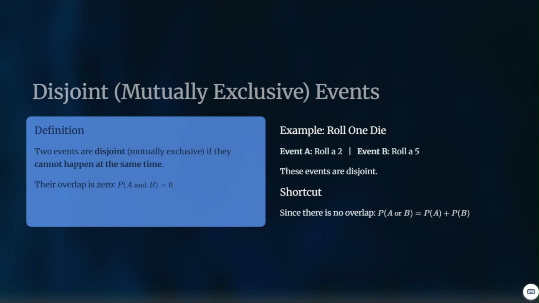These events are disjoint because they can never happen at the same time. Since there is no overlap, the probability of rolling a 2 and a 5 would be 0. So therefore, in order to find the probability of A or B in the case of mutually exclusive events, it will simply be the probability of A plus the probability of B.